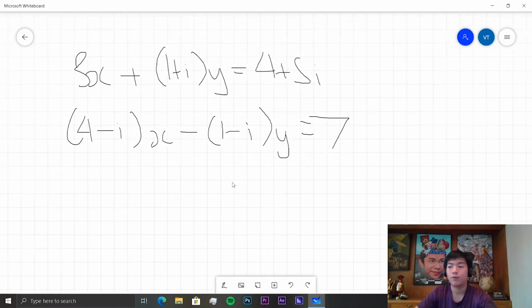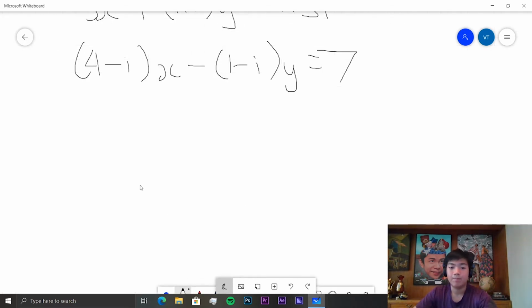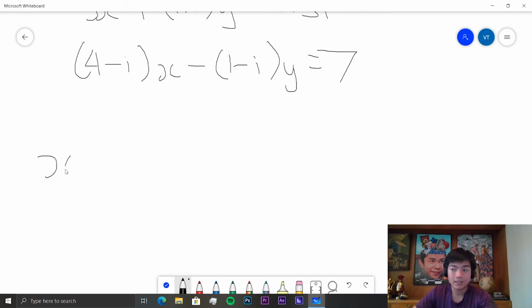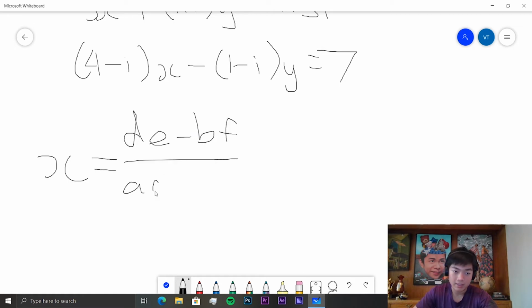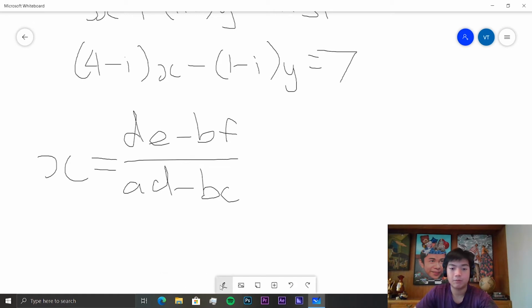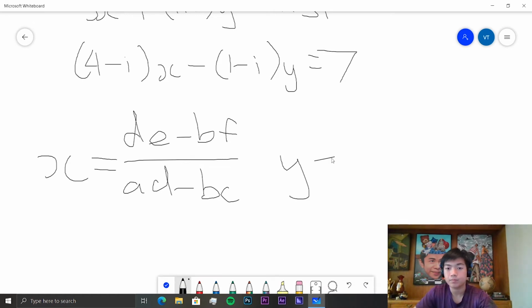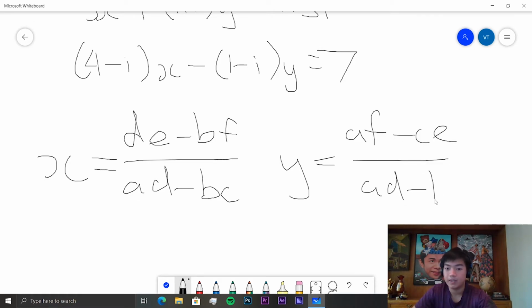And remembering the formula that x is equal to de minus bf over ad minus bc, and y is equal to af minus ce over ad minus bc.